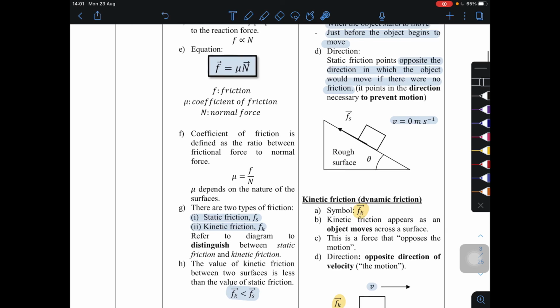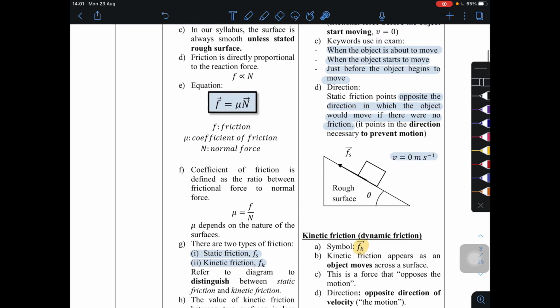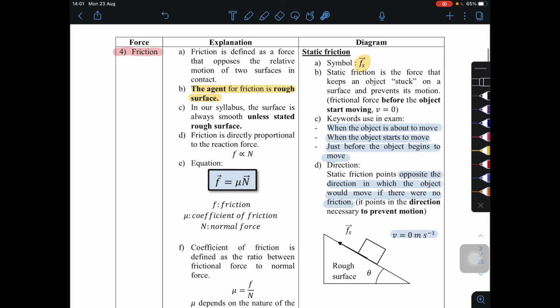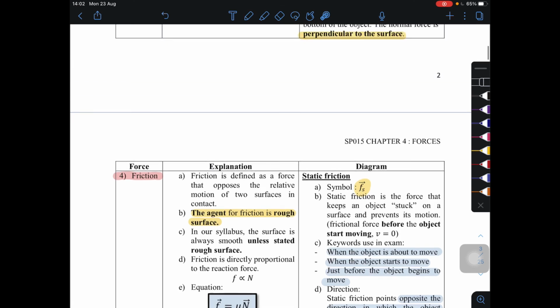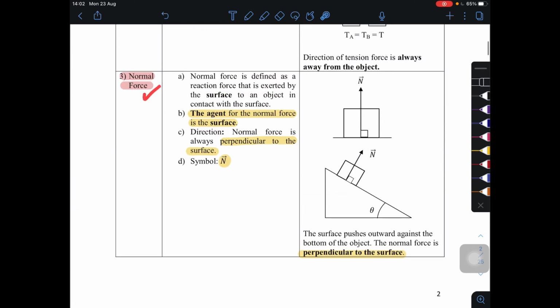Okay, so the equation here for friction adalah sama dengan coefficient of friction times with the normal force. So normal force ni adalah normal force yang sebelumnya. Okay, normal force ni maybe selepas kita kira dia adalah 100 Newton.